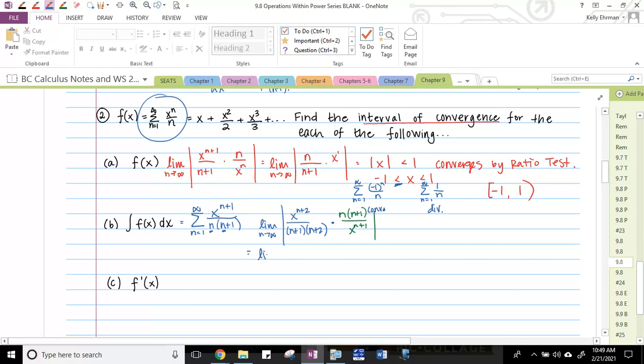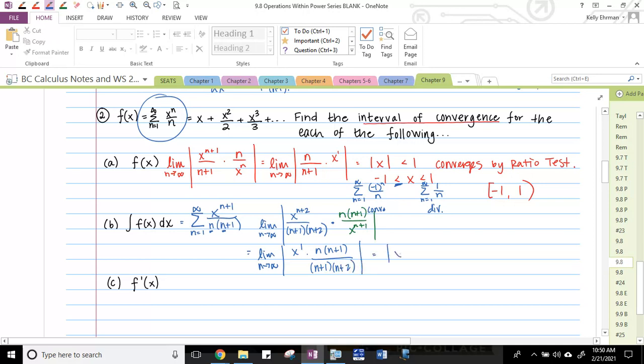Let's come down here. Simplify what we have before we take the limit. So I'm going to start with the x's. I've got x to the n plus 2 minus n minus 1, x to the first, times n plus 1 over n plus 1, n plus 2.